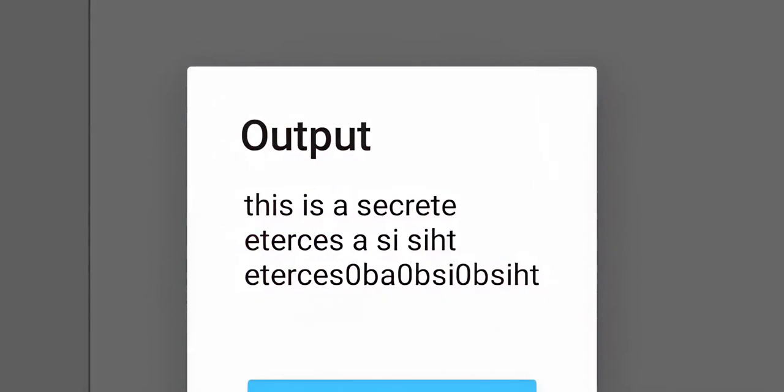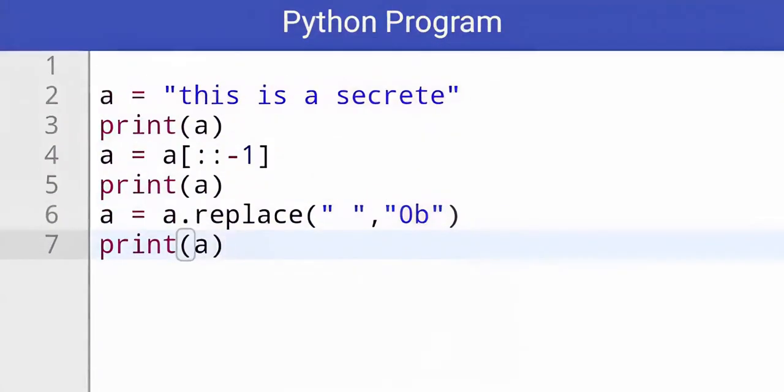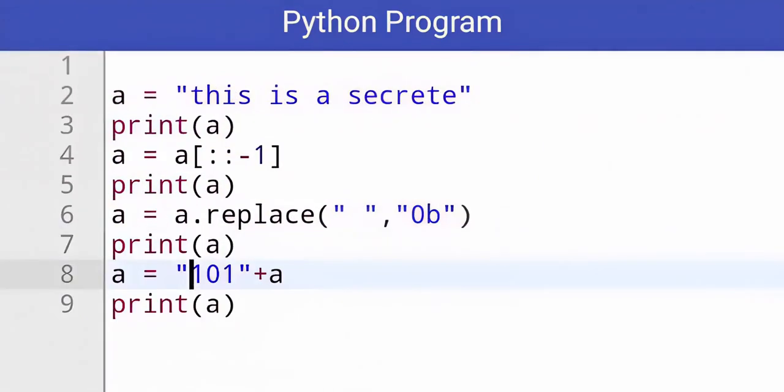And we can keep adding some more things, because the more operations we perform on our string, the more heavily encrypted the message is going to be. So the last thing we're going to do to our string is just to add some numbers at the beginning of our string.